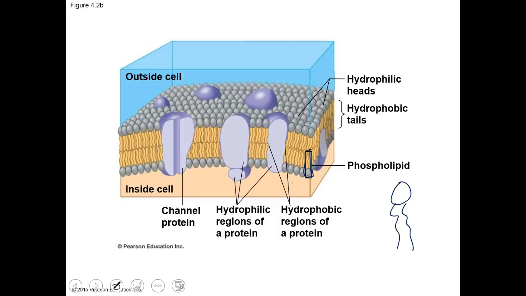That's each a phospholipid. For each of these particular proteins, it says this part would be the hydrophobic region because it's getting along with these tails. And then this part up here would be a hydrophilic region because it would get along with the water on the outside. Notice there's a channel, sort of like what I was drawing, so something can move through the channel that's selected for here. So those are some of those things.